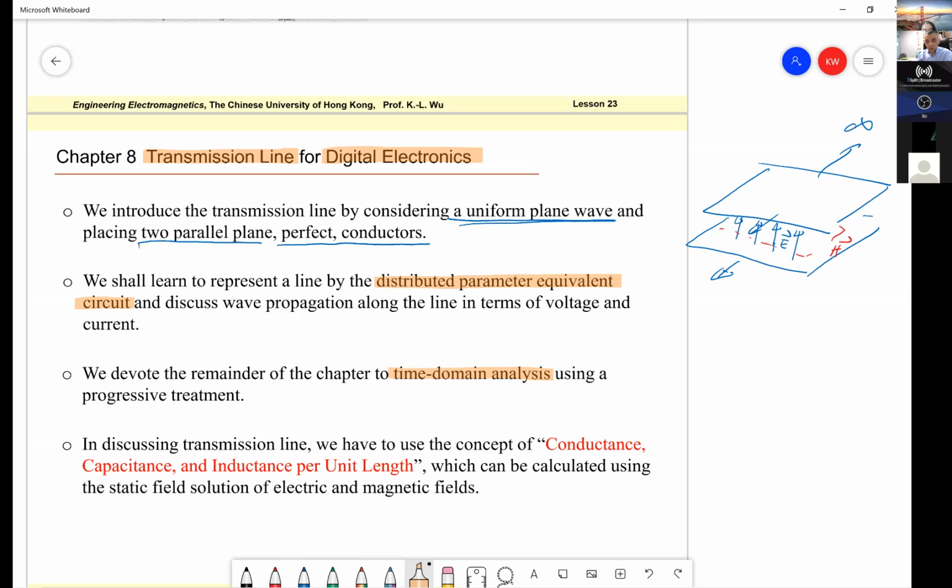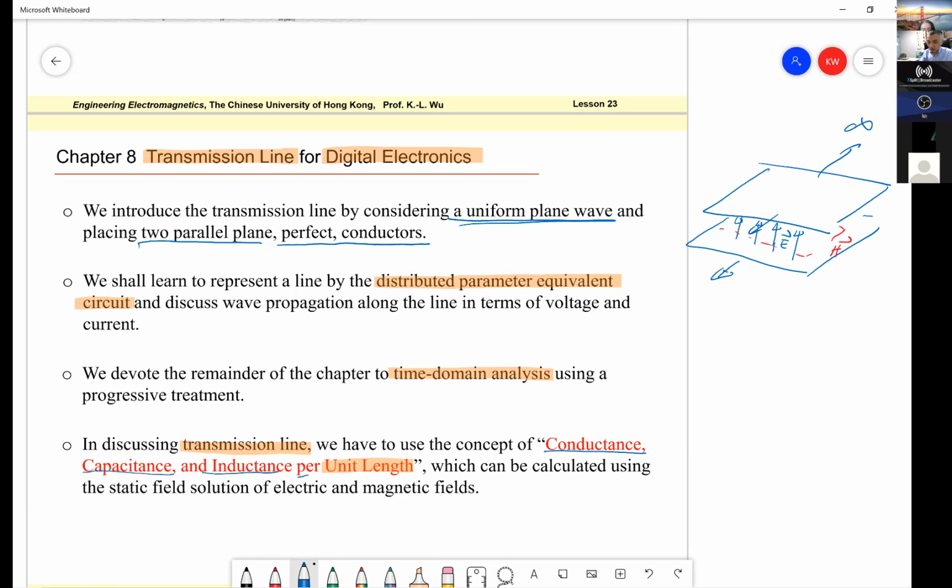So very soon we'll see for transmission line, what we are going to learn and describe, we use circuit concepts: the conductance, capacitance, and inductance.